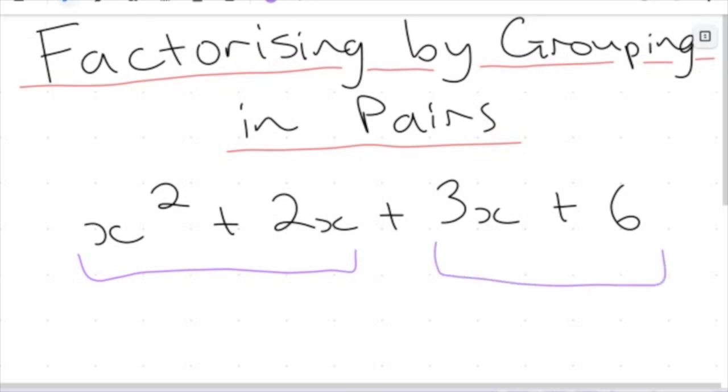So I'm effectively breaking this expression up into two pairs. We have pair one and pair two. I'm going to factorize these separately, and we're going to see if we can do anything more to simplify this and factorize it fully. This is going to form the building blocks for the next few videos.